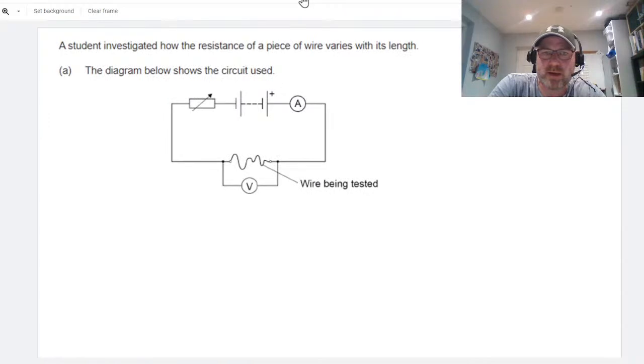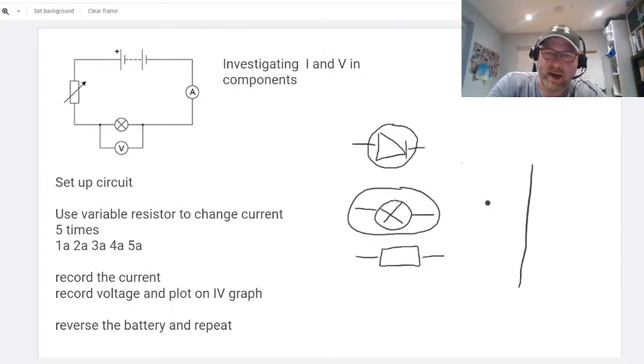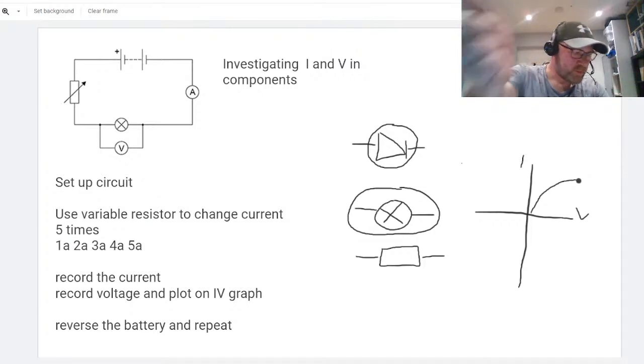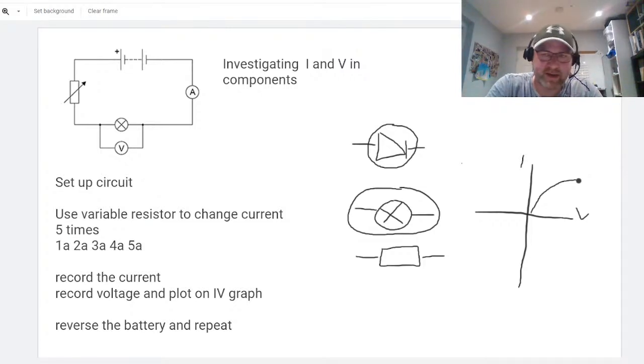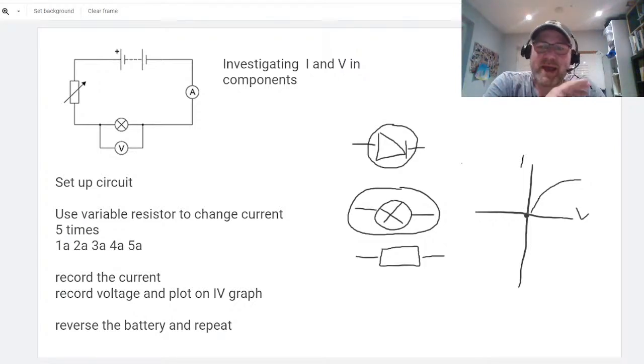So we were looking at a light bulb, and you're going to go, okay, here's IV. When I did the first 5 readings, 1, 2, 3, 4, 5, I'm going to get a curve like that with a light bulb. When you reverse the reading and switch the battery around, it's fine.